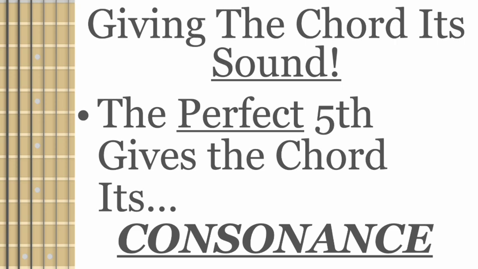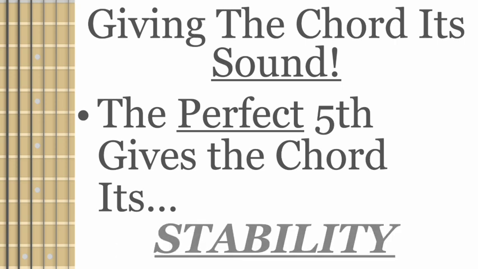Now, consonance does have a little bit of a different context when we start talking about chord progressions. We talk about consonance meaning we have a really stable sound pulling away from the root and coming back to the root, right? There's a lot of consonance there if it sounds good. But I'm going to use the word stability. And when I talk about stability, it just means notes or chords that go very well together.